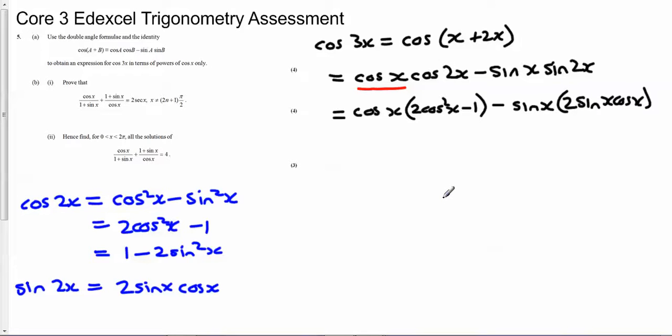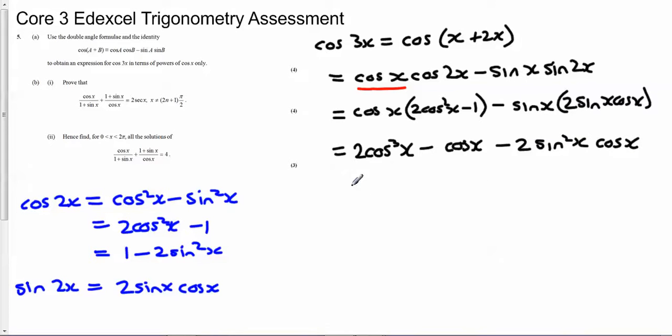There's no 2x's in our expression, only x's. If I expand this one, I get 2 cos cubed x minus cos x, and if I expand the right hand bracket, I end up with 2 sin squared x cos x. So almost there.